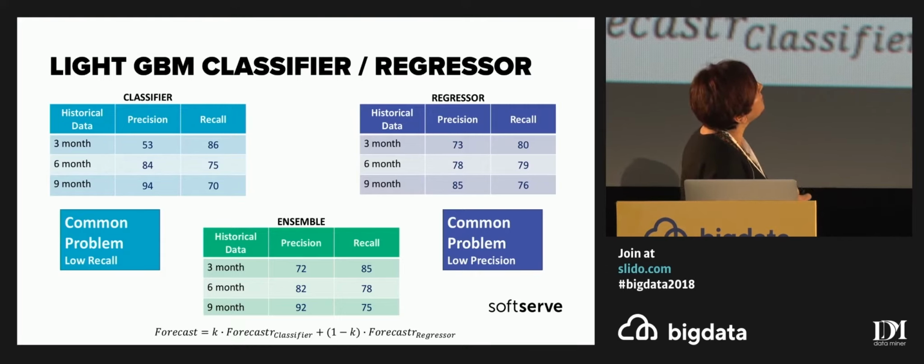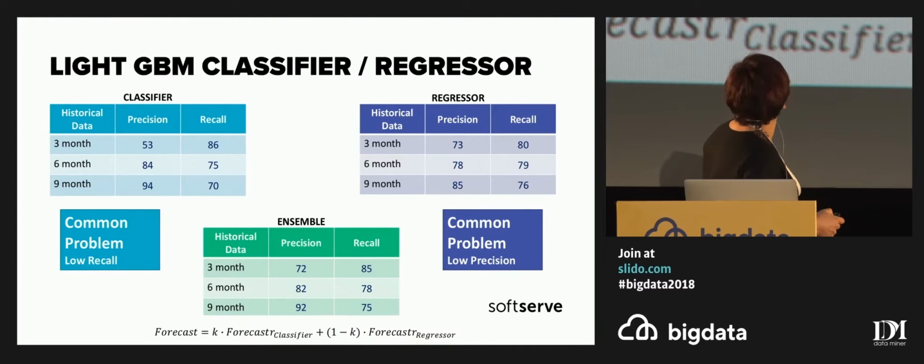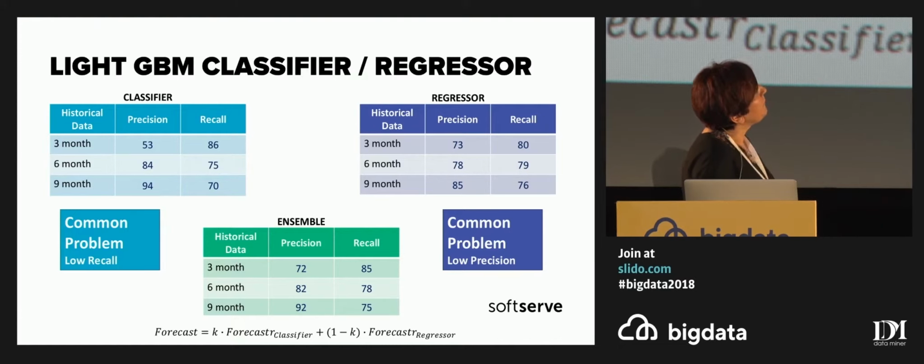The model based on 3 months of historical data has much higher precision than the classifier, but it lost recall. The 6 months model has 78% precision and a pretty similar percentage of recall, and the 9 months model may also be more tolerant than the rest.